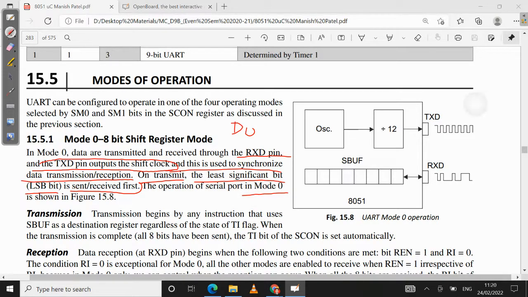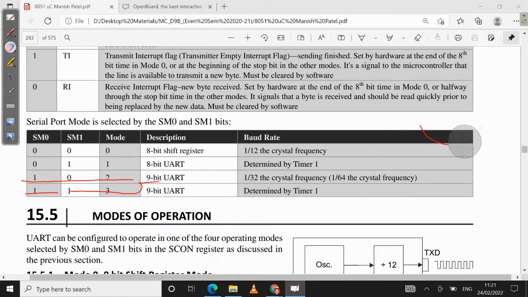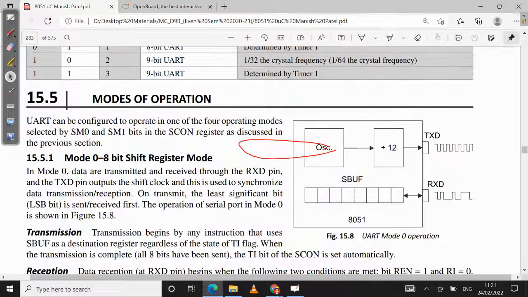See here, your TXD. What did you write in your mode 0? In your mode 0, you have the baud rate as 1/12th the crystal frequency. To show that, this is the diagram.